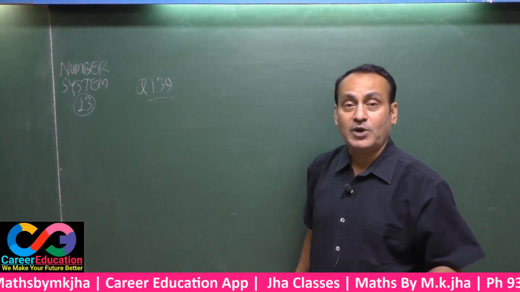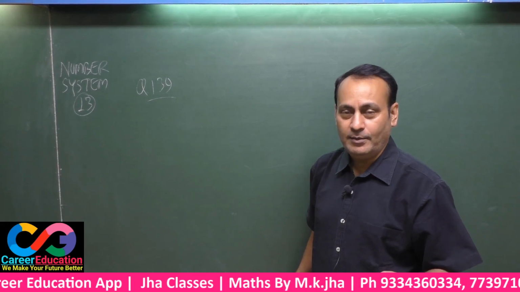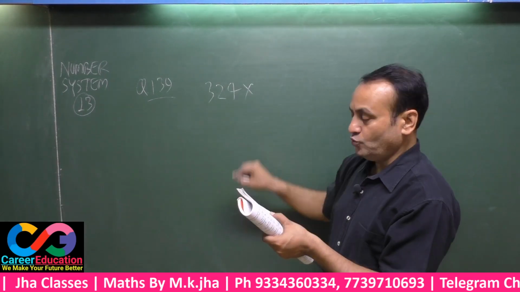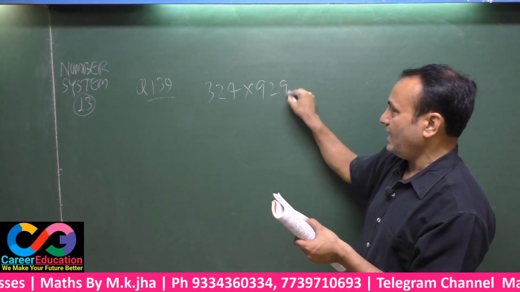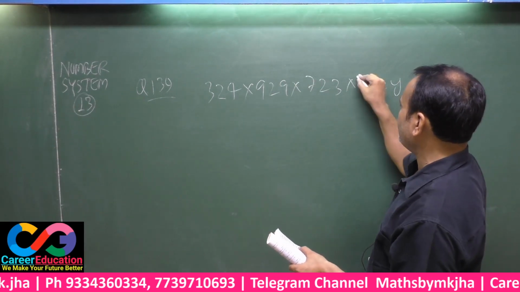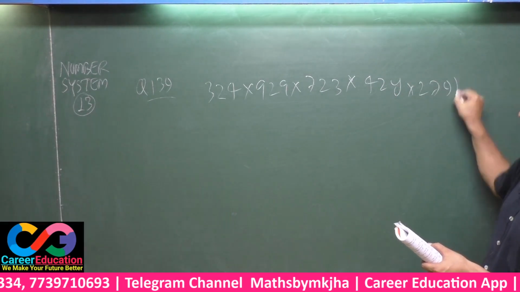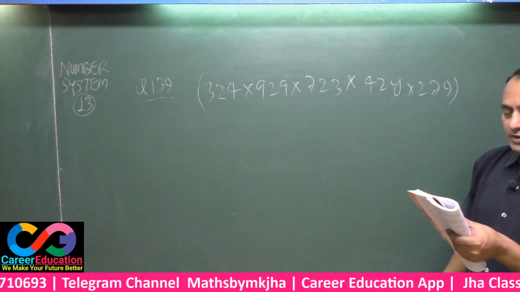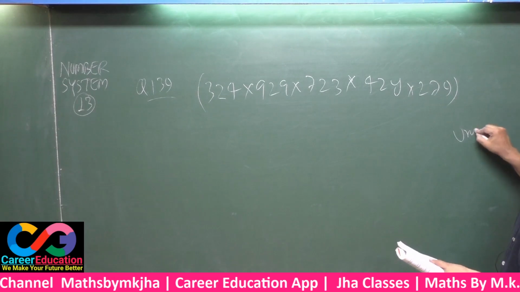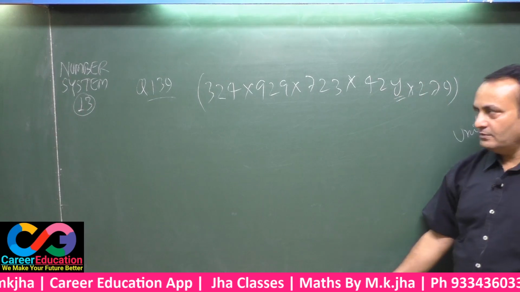That means the smaller value of y has been asked. The question is 324 929 723 into 42y into 279. The question says the unit is 6 here, so what is the value of y?